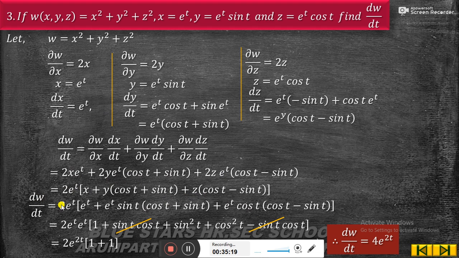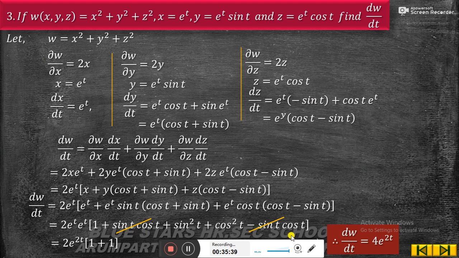So dw/dt equals 2e^t times the remaining terms, where I substitute the values: x equals e^t, plus y equals e^t sin t into (cos t + sin t), plus z equals e^t cos t into (cos t − sin t).